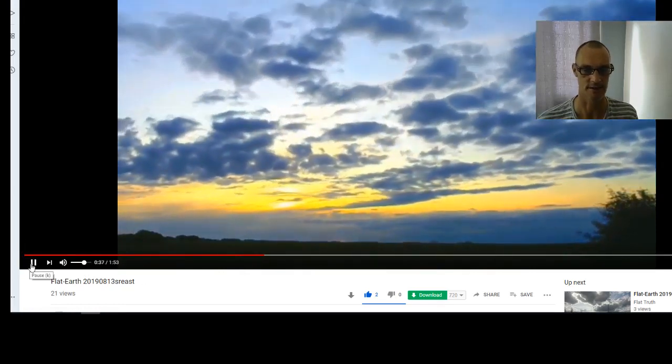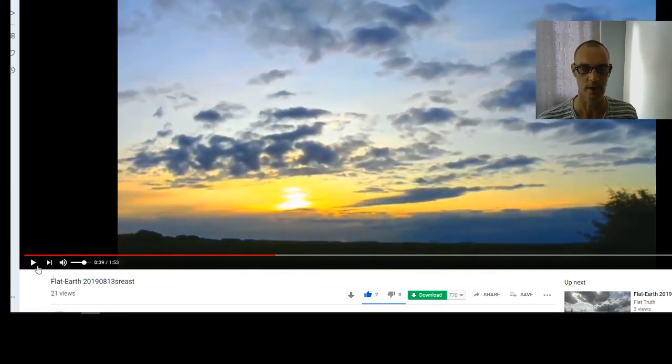I'll just take it back to that point. So this, I think, is a view from a farm, and we can see that the clouds that are close to the horizon are really not that far away.